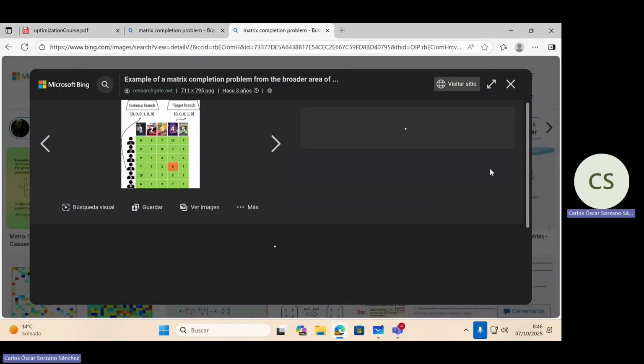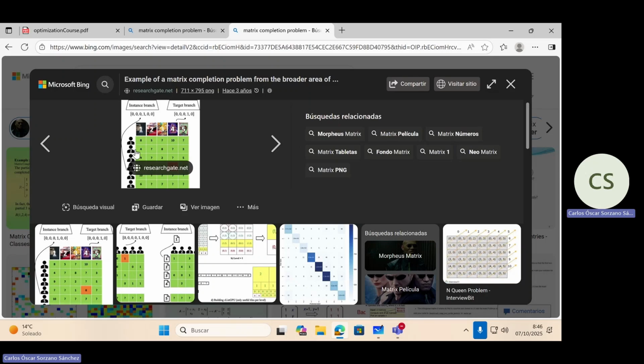For instance, here, let's say that a number of people have to rate some movies, and then person 1 has rated movies 1 and 2 and 4, but not 3 and 5. Person 2 has rated movies 1 and 3 and 5, but not 2 and 4, and so on.